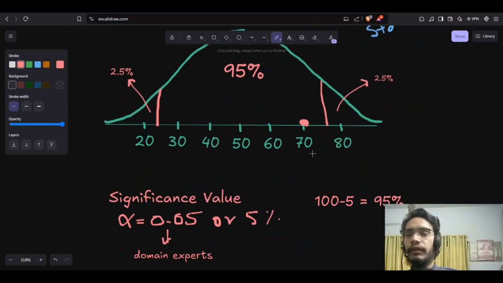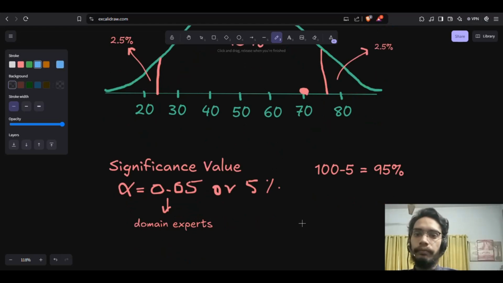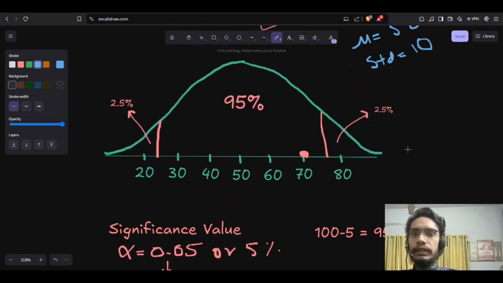Now what if I toss the coin 100 times and I got the probability here, which is 80, right? Probability I got 80. Now you can see that 80 is lying in this outer interval. So your value is lying here.